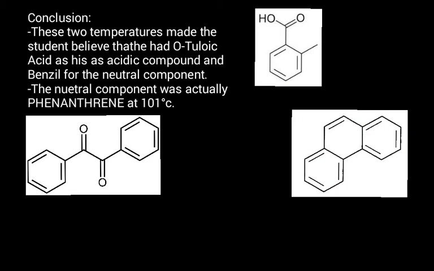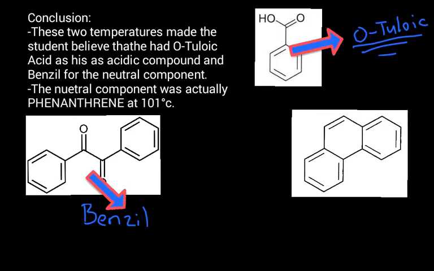In conclusion, these two temperatures made the student believe that he had O2-oleic acid as the acidic compound and benzyl for the neutral component. But the neutral component was actually wrong. The actual neutral component was phenacetin at 101 degrees Celsius.